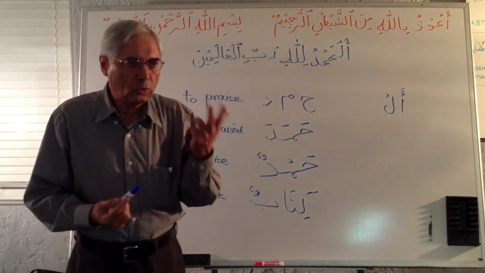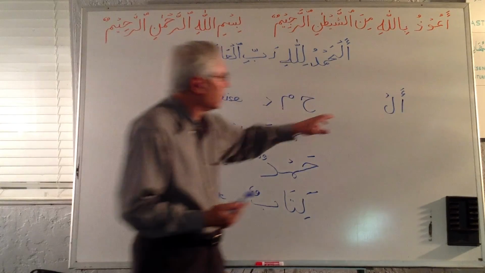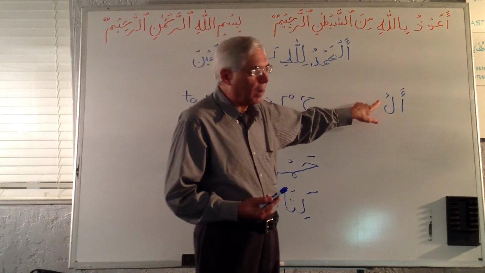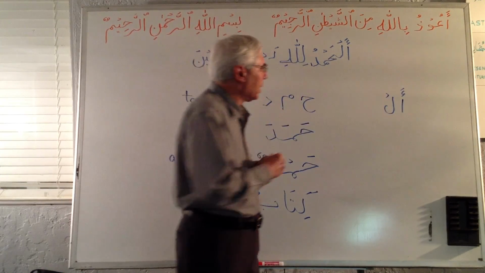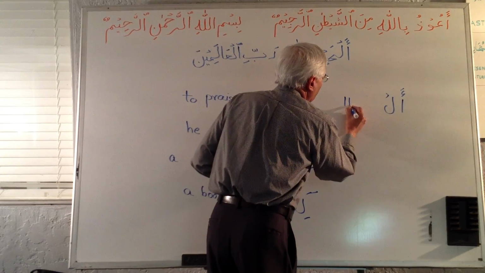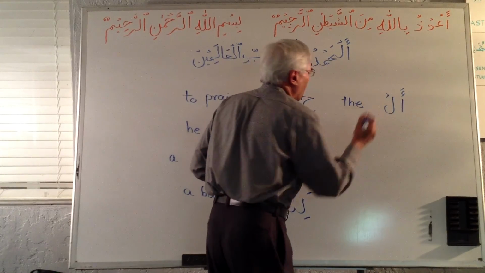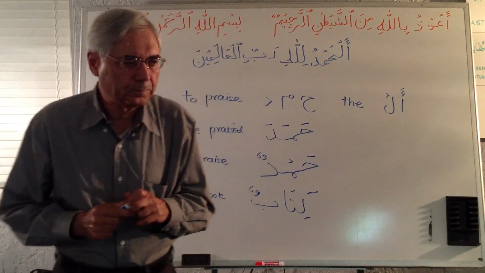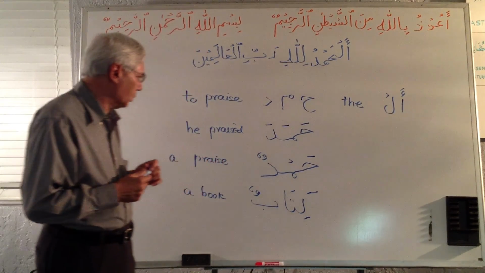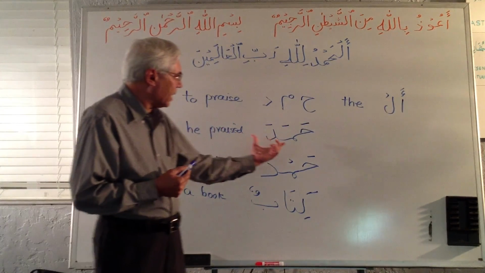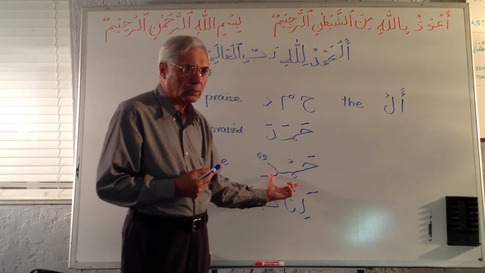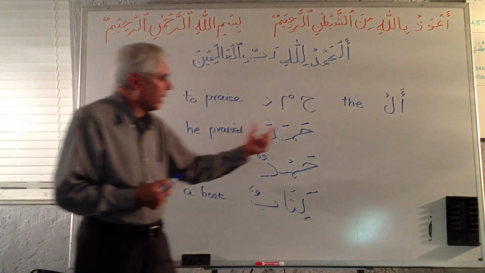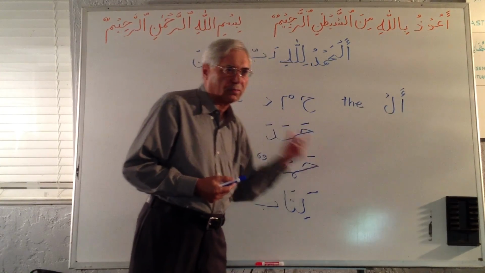The word, two letters, alif with a hamza here, which as I said is like an alif, combined with the lam, al. Al means the. In English, al means the. Now what I'm going to do, I'm going to take the noun hamdun, which means praise, and put these two letters in front of it.